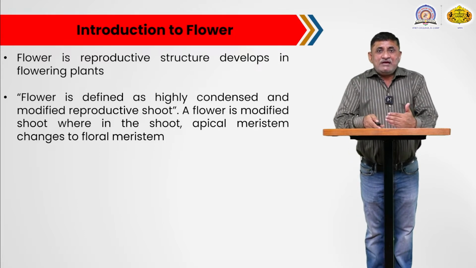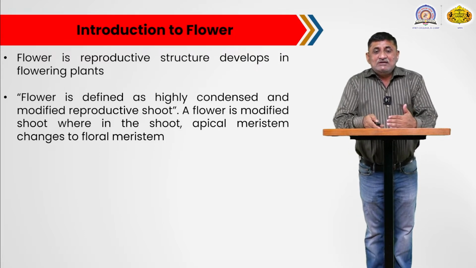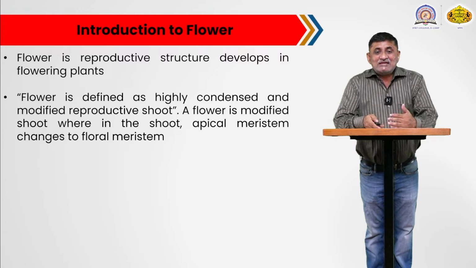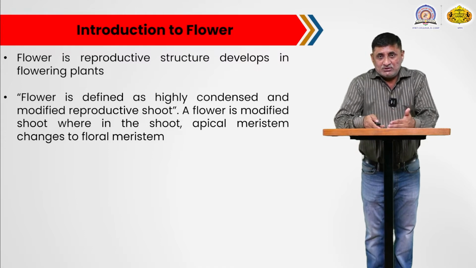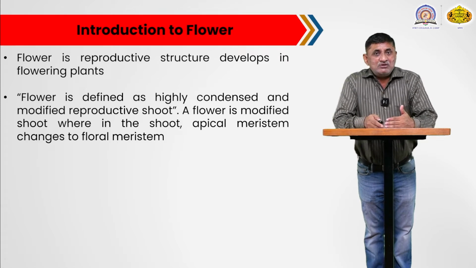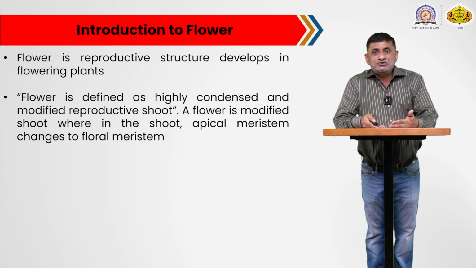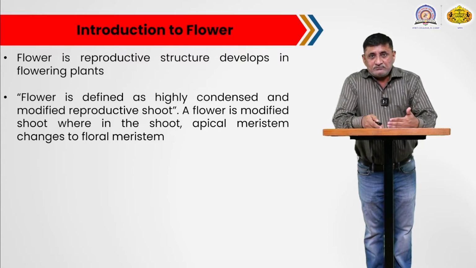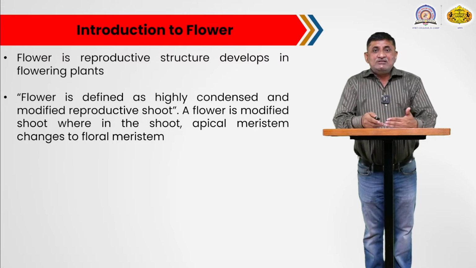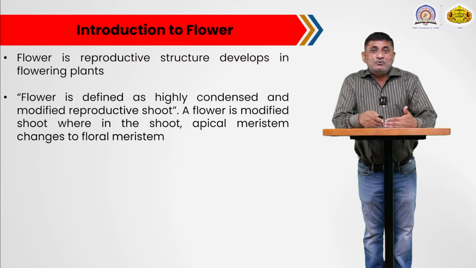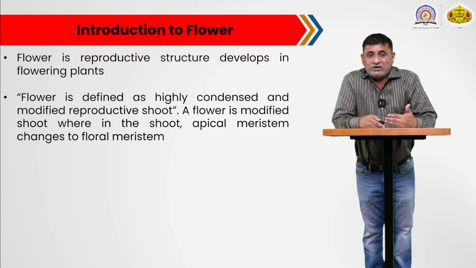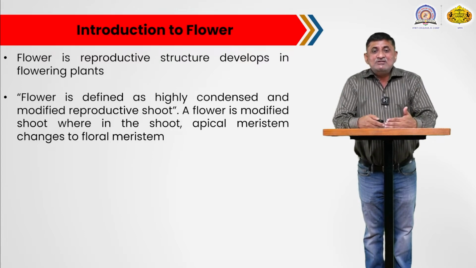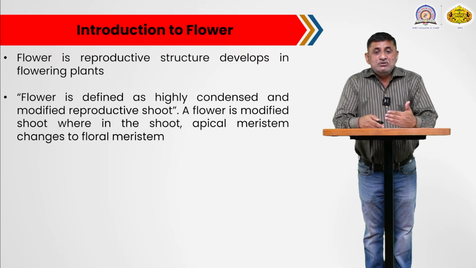Scientifically, we can define a flower as a highly condensed and modified reproductive shoot. It means that flower is nothing but a modification of shoot. Shoot means what? That is a vegetative portion that contains branches, stem part, leaves, etc. But at the time of reproduction, this shoot gets modified as a reproductive shoot, and that's why the flower is defined as a highly condensed and modified reproductive shoot.